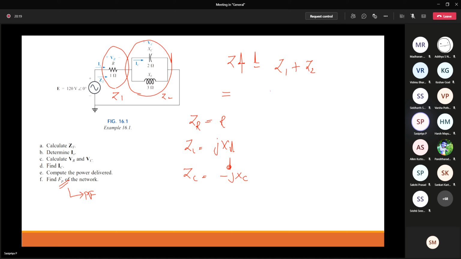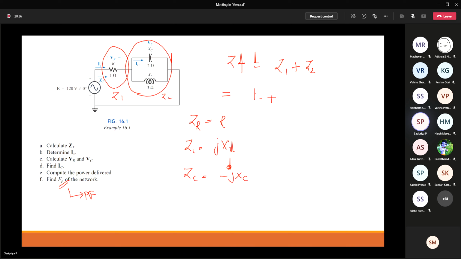Okay, so now if you do, Z1 is nothing but a simple resistor, so I'll have only R, that is 1 ohm, plus Z2, which is nothing but the parallel combination of the inductor and capacitor. Z2 is the parallel combination of XC and XL.